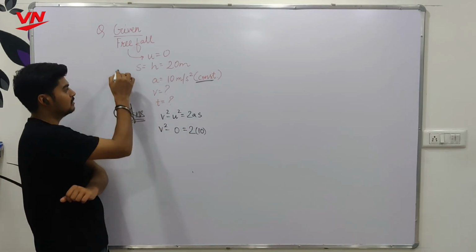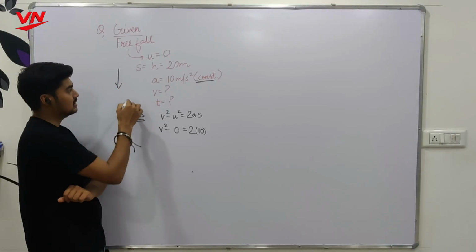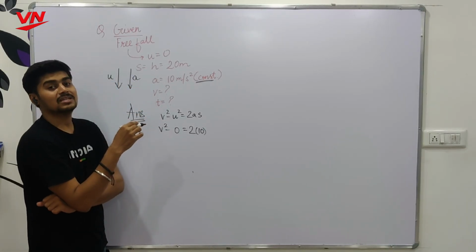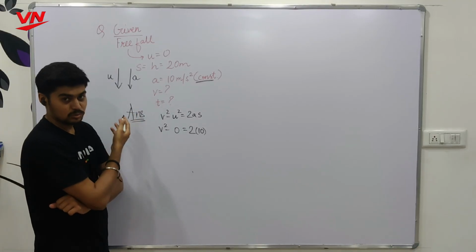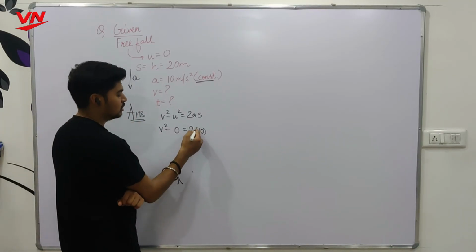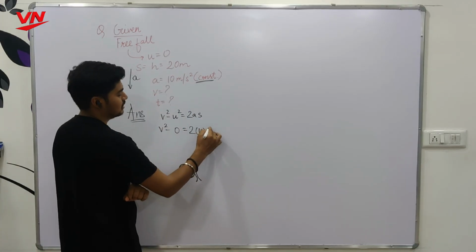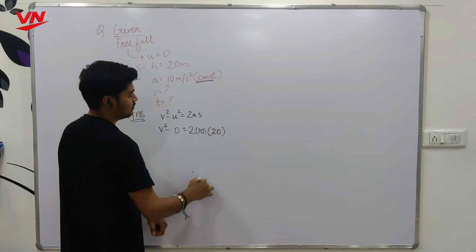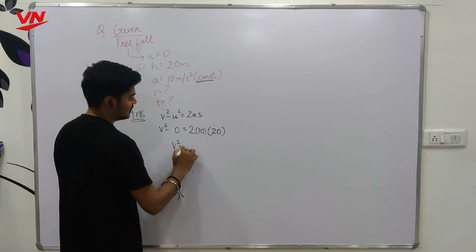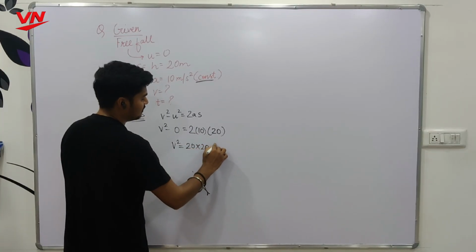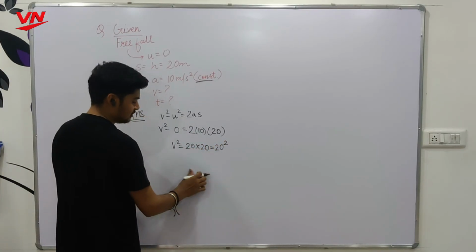As you can see here, the velocity is in this direction, and the acceleration is also in this direction. So we will take the acceleration as positive, as both are in the same direction. So we don't need to put the minus sign. And the displacement, which is nothing but the height in this case, 20. So v square is nothing but 10 into 20 into 20, that will be 20 square.